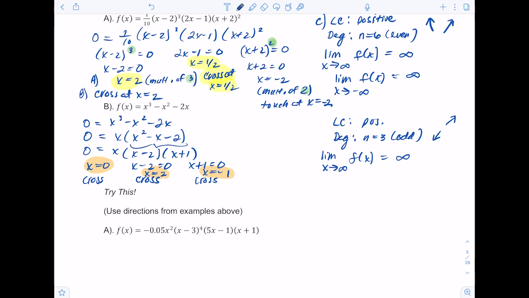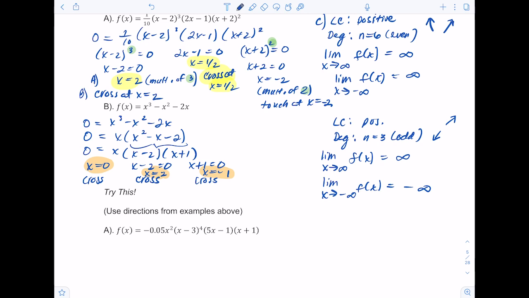It's going to point up. And as x approaches negative infinity, as you go left on the graph, that's negative infinity. Let me make that more clear. f of x is going to approach negative infinity. So they're opposite for that one.